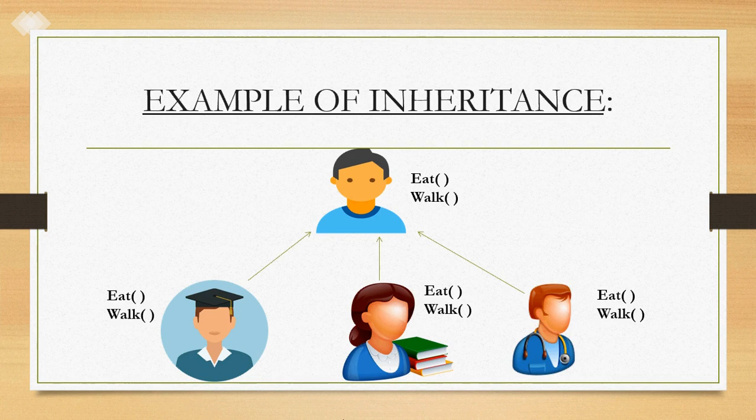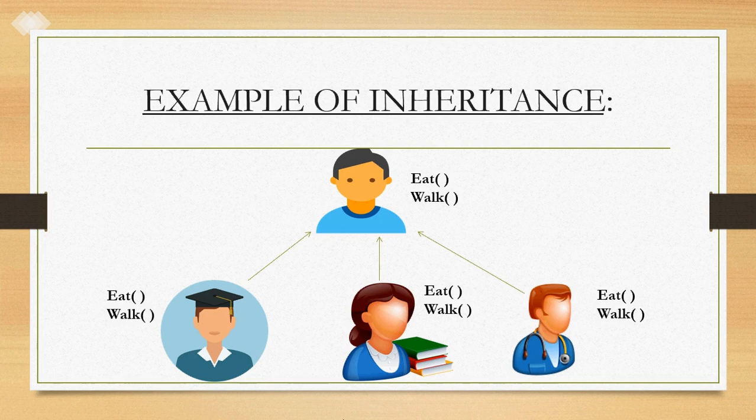We know that a person can eat and walk, right? And these two behaviors are also identical in the subclasses, meaning student, teacher and doctor also eat and walk. So actually inheritance makes the code reusable.